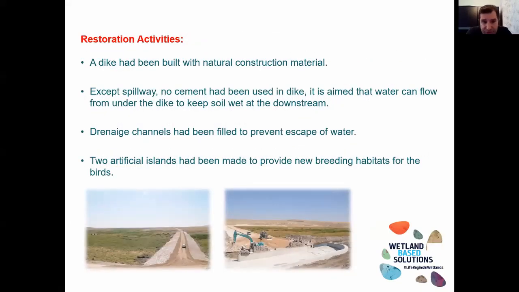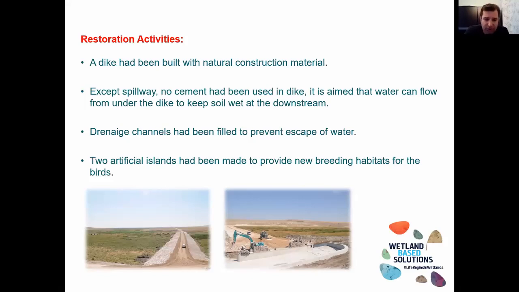When we come to the restoration activities, as I said before, we built a dike with natural construction material. We tried to use natural construction material mostly instead of cement, because our aim was not to build a dam or to keep the water at the upstream of the dike.